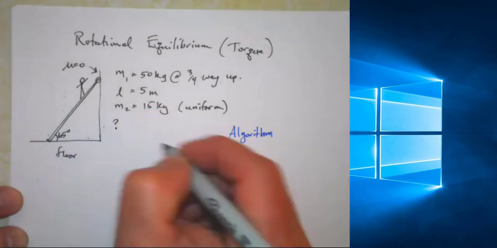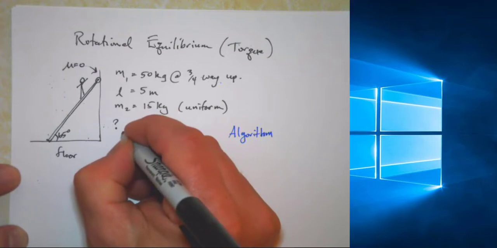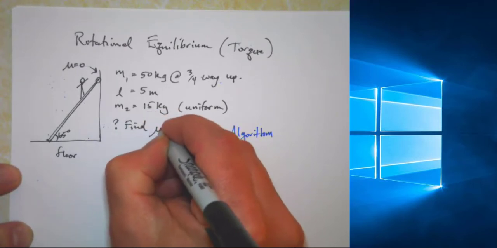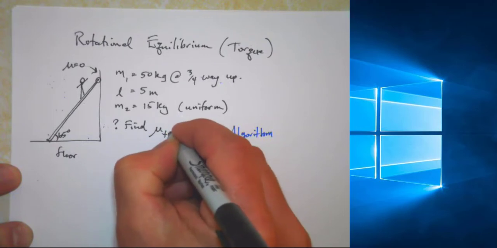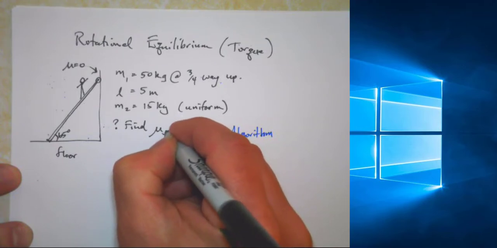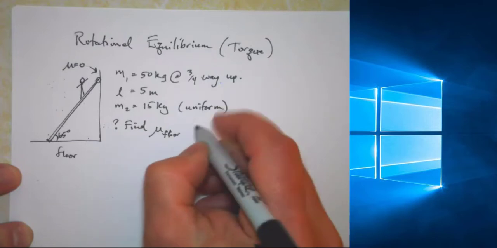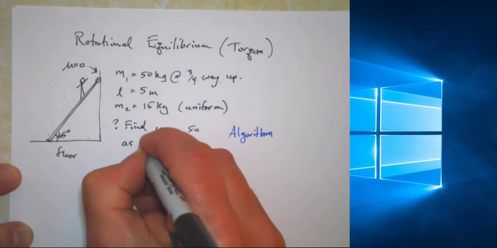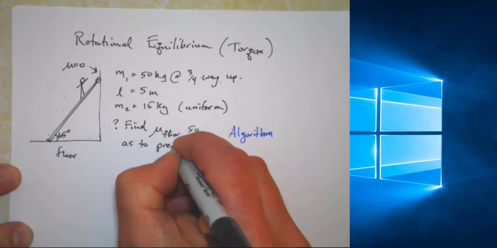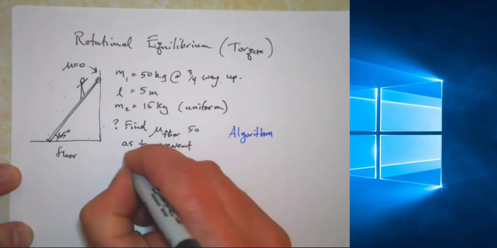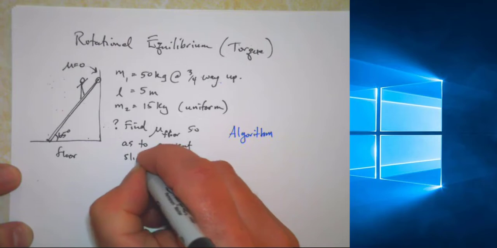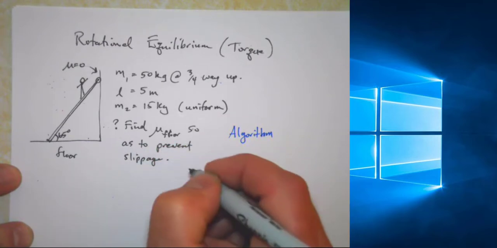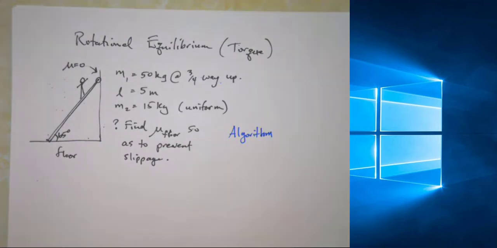The question that we're going to be looking for is: find mu of the floor, I should say between the floor and the ladder, so as to prevent slippage. Okay, so that's your question.